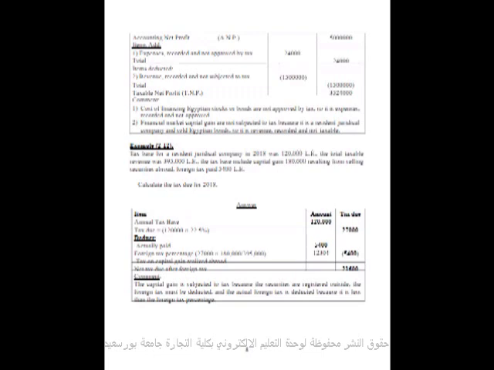I have two numbers, the actually paid and the foreign tax percentage. I have to choose the least number. According to the given, the least number is the amount actually paid. So I actually paid 5,400. It will be deducted from the tax due. So the company is going to actually pay 21,600.